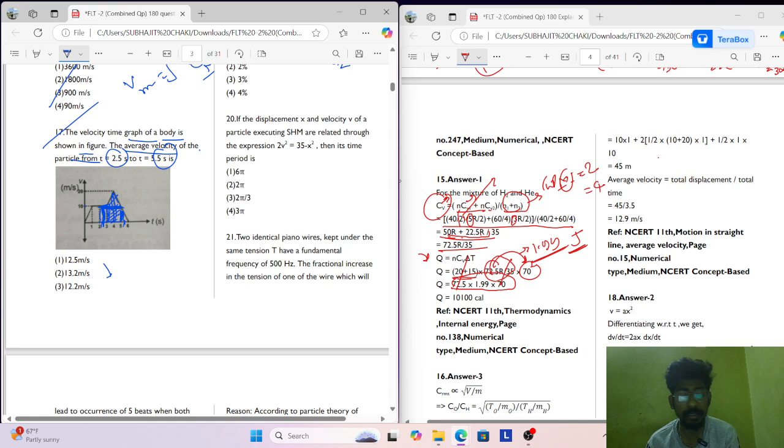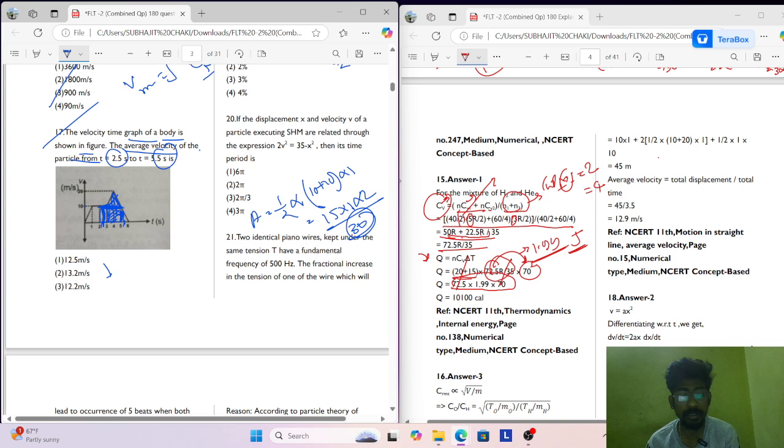And for this trapezium, just multiply it by 2, because there are two sides of the trapezium. What is the formula for the area of the trapezium? Half into the sum of parallel sides. These are the parallel sides: one is 10, one is 20. 10 plus 20, times the distance between the parallel sides, which is 1. This will be 15 into 1 into 2, which is 30.